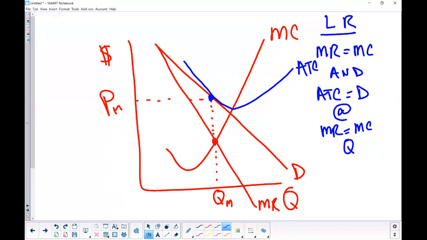We are now in long run equilibrium. That's it. That's monopolistic competition. Now, if we have firms entering or exiting the industry, so if we have people leaving the industry, it's actually going to shift our demand curve and marginal revenue curve down.